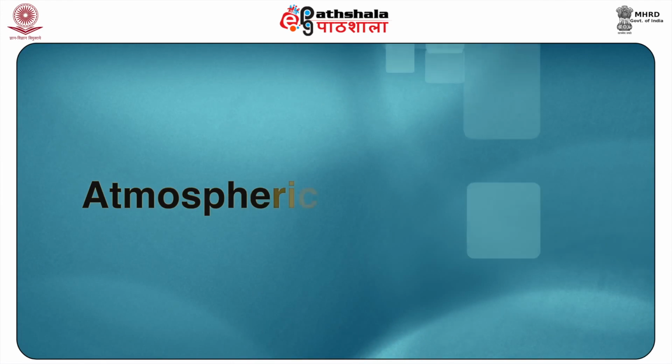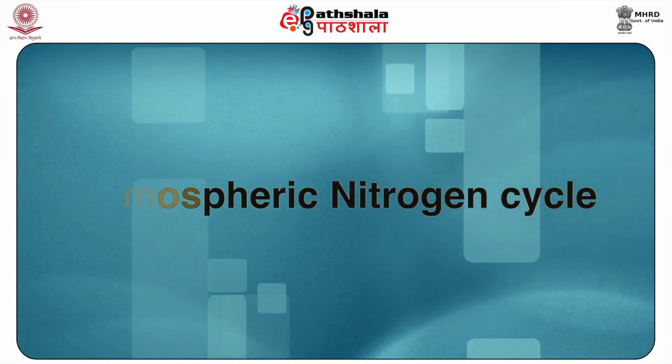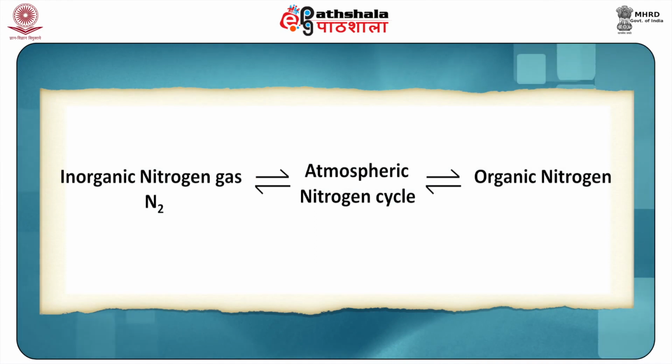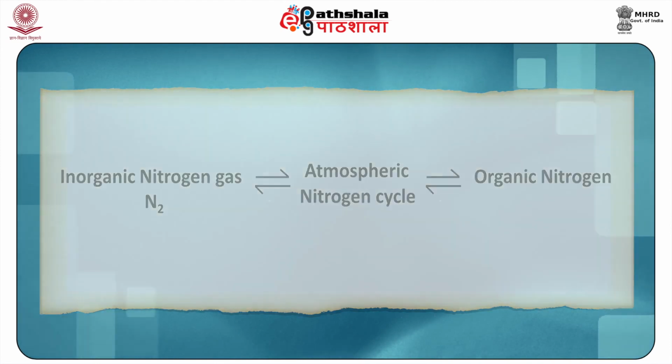Let us have a look at the atmospheric nitrogen cycle. The atmospheric nitrogen cycle is the equilibrium between the inorganic nitrogen gas, that is N2, and the organic nitrogen in the soil and the atmosphere.